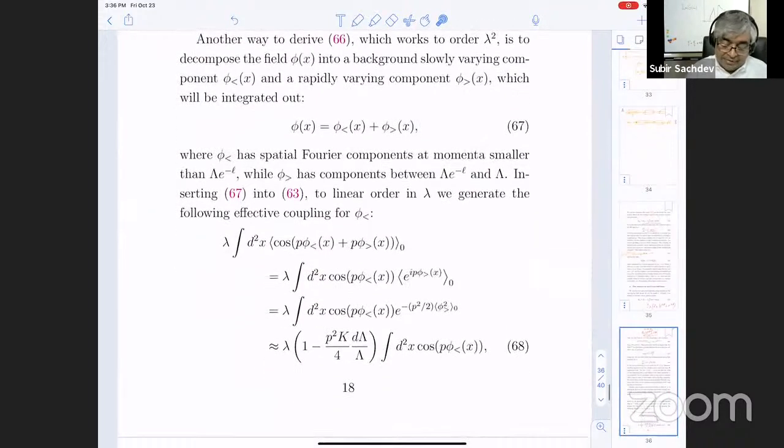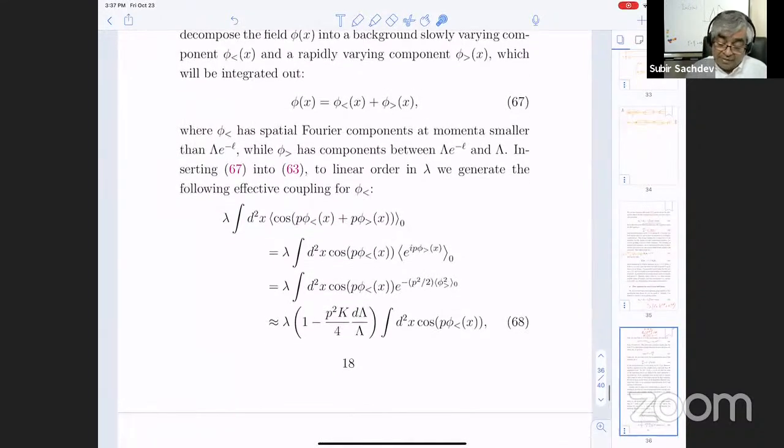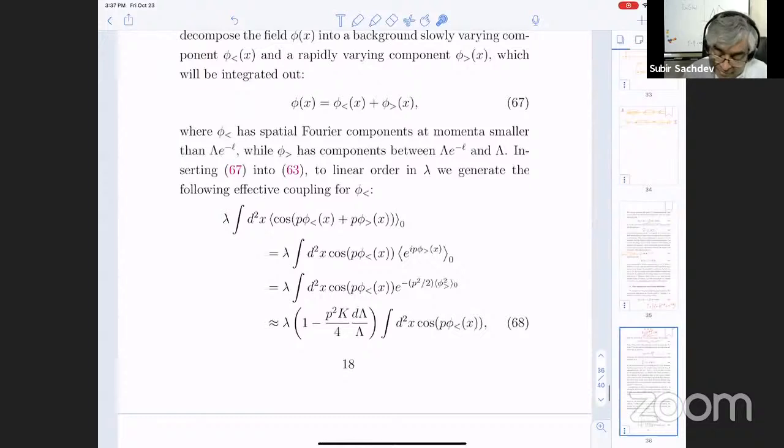So to first order, this just means you look at the cosine term here. It's in real space with phi lesser and phi greater. You just have to take the average with respect to phi greater, because you're integrating over phi greater. So you just have to take the average value of this.